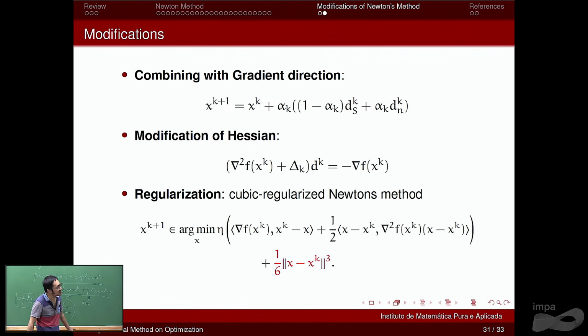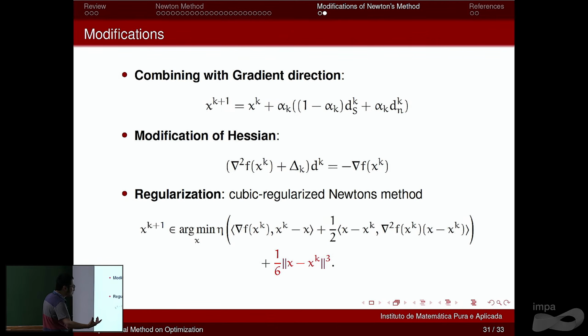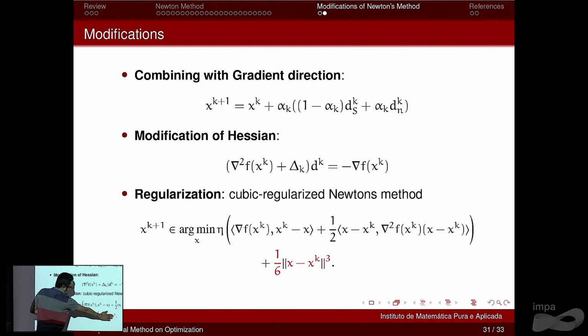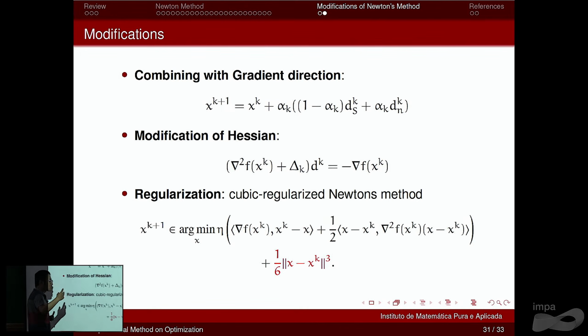And another is regularization, okay? This idea is something similar to the proximal point method for minimizing a function. Actually, if we eliminate this cubic term, this is the Newton method, because the Newton method is just to minimize the quadratic approximation.